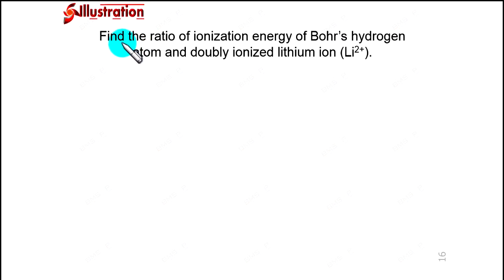In this illustration, we need to find the ratio of the ionization energy of the Bohr's hydrogen atom and doubly ionized lithium ion, right, this one. And we know the total energy of a hydrogen like atom. We have the formula, that is equal to minus 13.6 Z square divided by N square, and this energy is always in electron volt.